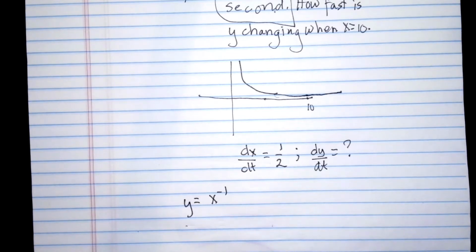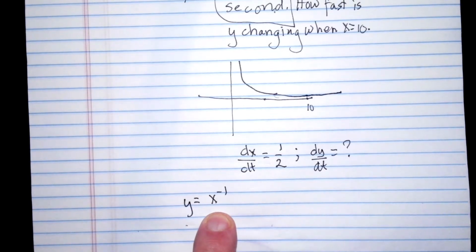When you differentiated a function of y with respect to x, you had to include a factor of dy over dx. But if you're differentiating a function of x with respect to x, you did not have to include such a thing. Well, here we're differentiating with respect to t. If you differentiate a function of t with respect to t, you don't have to include anything extra. But if you differentiate a function of y or a function of x with respect to t, then you need to include the appropriate factor. So let me show you that.